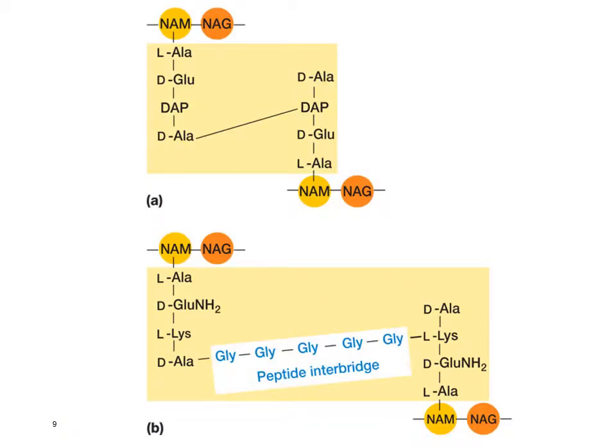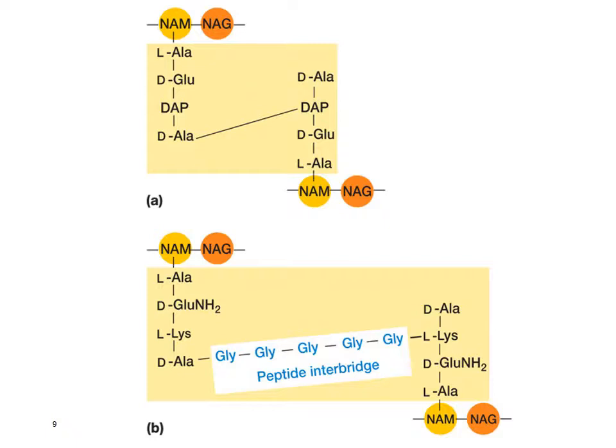In order to make a strong mesh-like polymer, chains of linked subunits have to be joined by what are called cross-links between the amino acids. And this can be done in one of 2 ways.